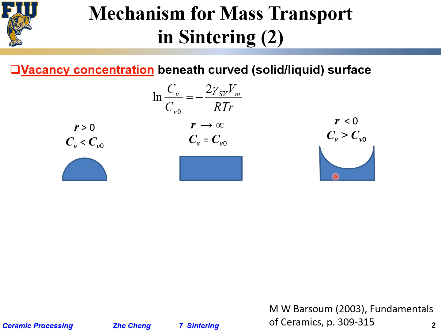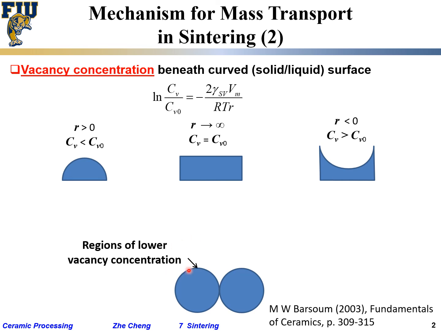Okay, now let's think of, again, our two particles coming together. Here we have a positive radius of curvature, right? That means lower vacancy concentration within the solid. Here, I'm not talking about vapor. I'm talking about within the solid, in this local region.